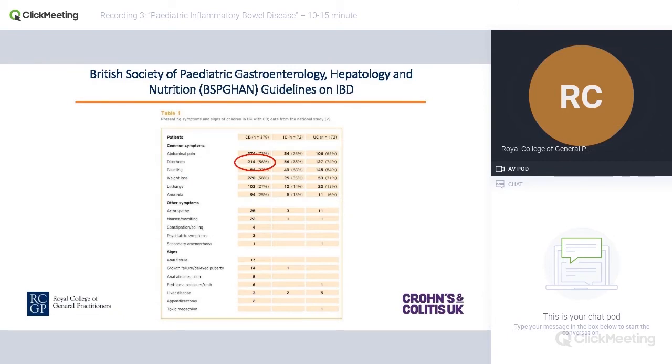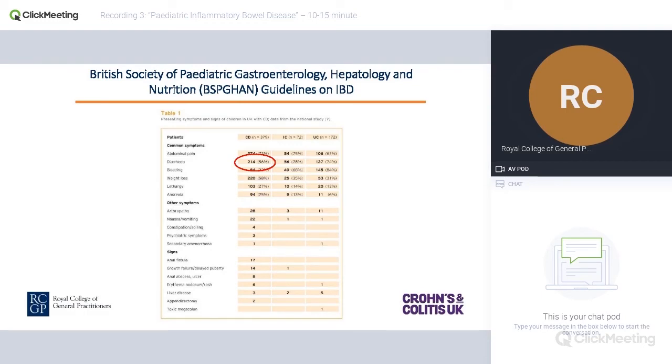As we discussed in the diagnosis of IBD, diagnosing IBD in children can be tricky. From this chart up here, we can see that 56% of children have diarrhea when they're diagnosed, which means that 44% of children don't have diarrhea.